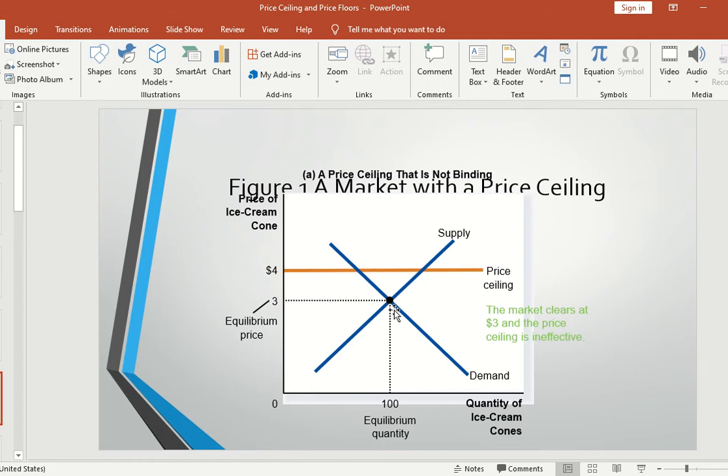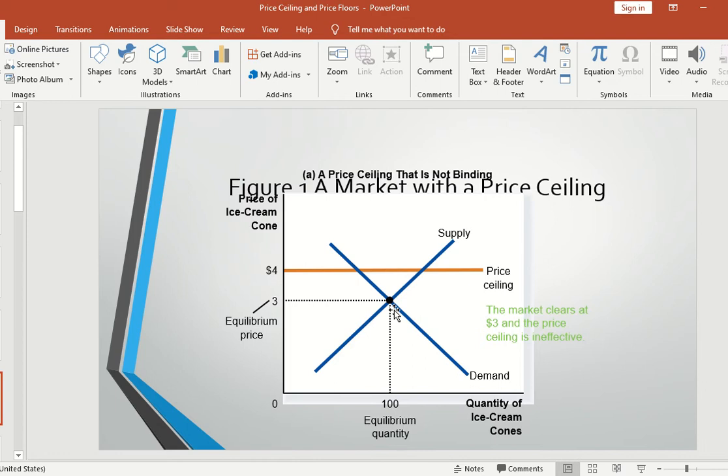Some kids would like to have ice cream, but they don't get it. It's hot, and there are some thirsty people out there who cannot afford an ice cream cone. So policymakers think that this is unfair, and decide to impose a price ceiling.